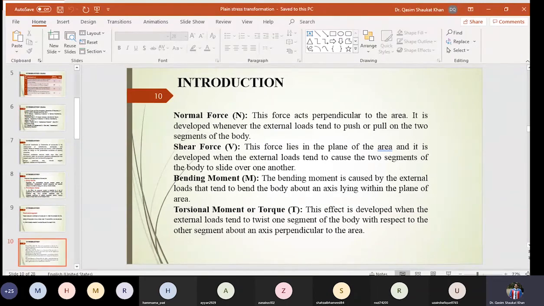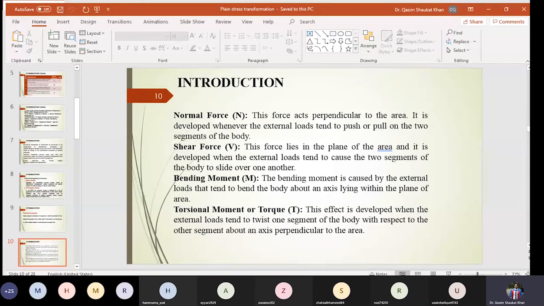ठीक है जी. Then comes the shear force. Shear force lies in the plane of the area, as we have discussed earlier as well, and it is developed when the external loads tend to cause the two segments of the body to slide over one another.